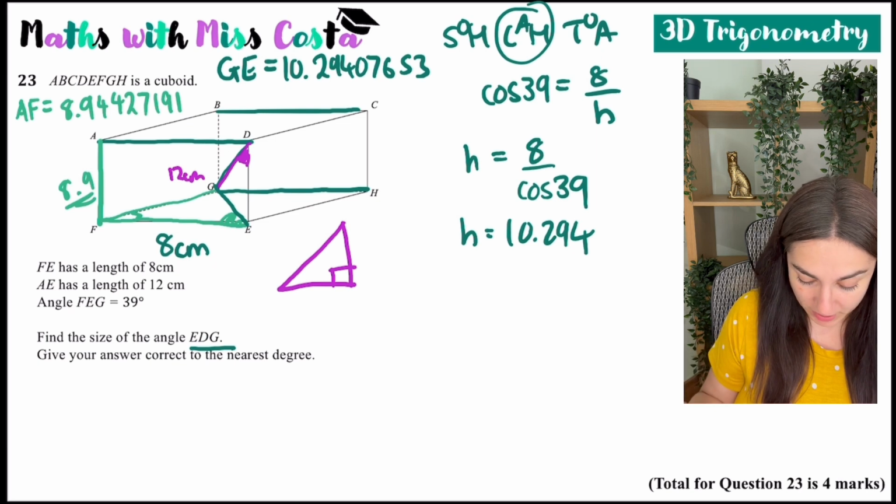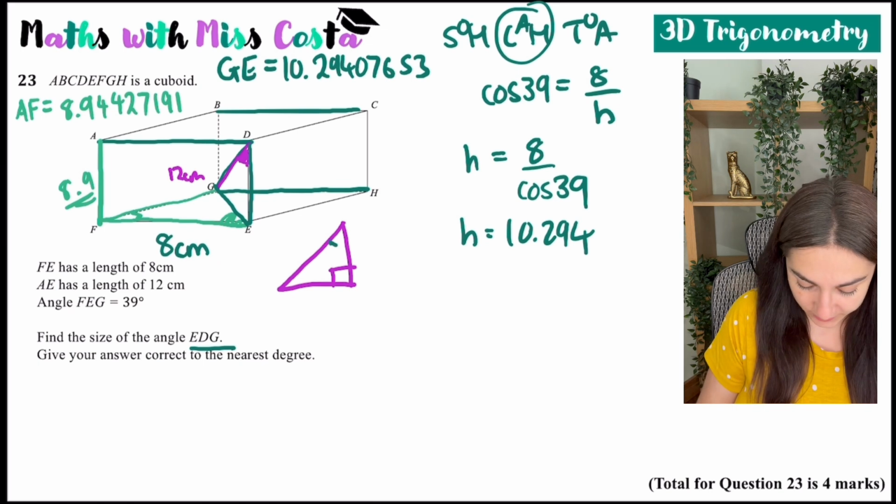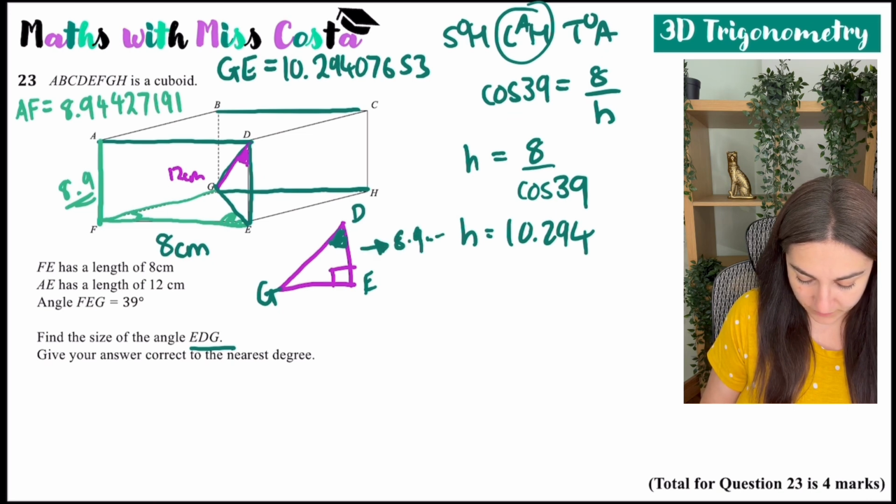And the next part is using this triangle here to work out this angle here. So if that's D, that's E, and that's G. DE, I've already worked out that length is 8.94. And the hypotenuse, I've just worked out that length is 10.29.